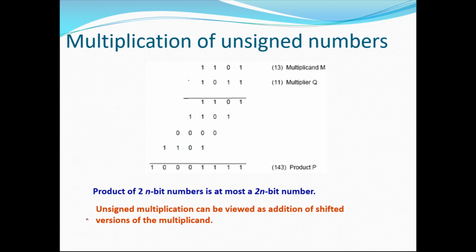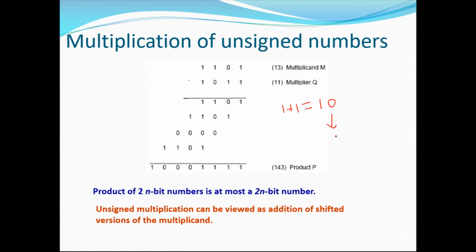Finally, add all these things. This is 1, this is 0 plus 1, 1, this is 1 plus 0, 1, this is 1 plus 1. What is 1 plus 1? In binary addition, 1 plus 1 is actually 10: the sum is 0, carry is 1.